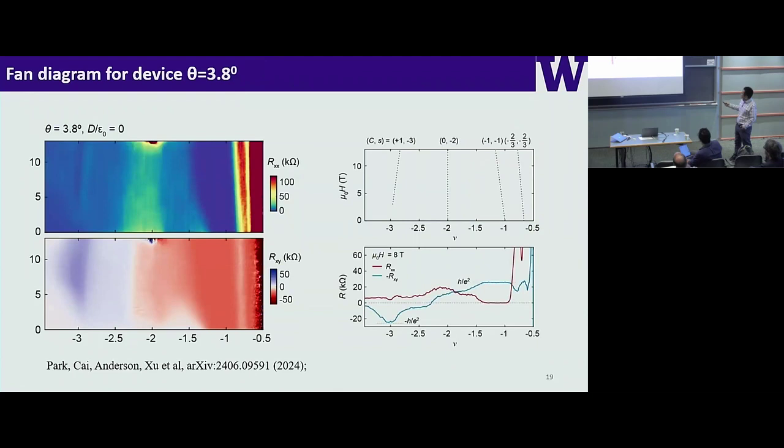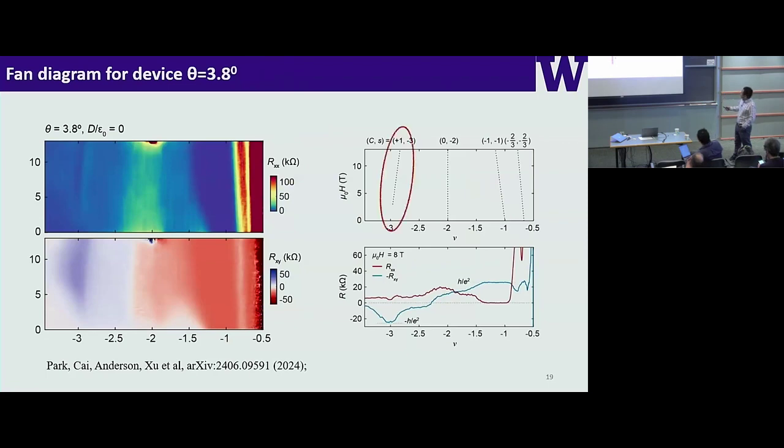Basically, it's a Chern insulator that developed at high magnetic field. You can also see the line cuts at 8 Tesla, where RXY is nearly quantized with suppressed RXX. The key thing is that the slope is exactly opposite to the one at the filling factor -1, right? So they have opposite signs.